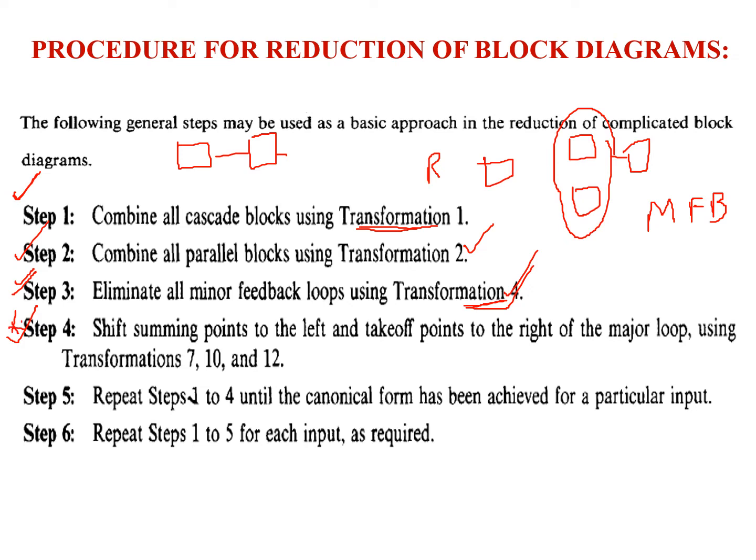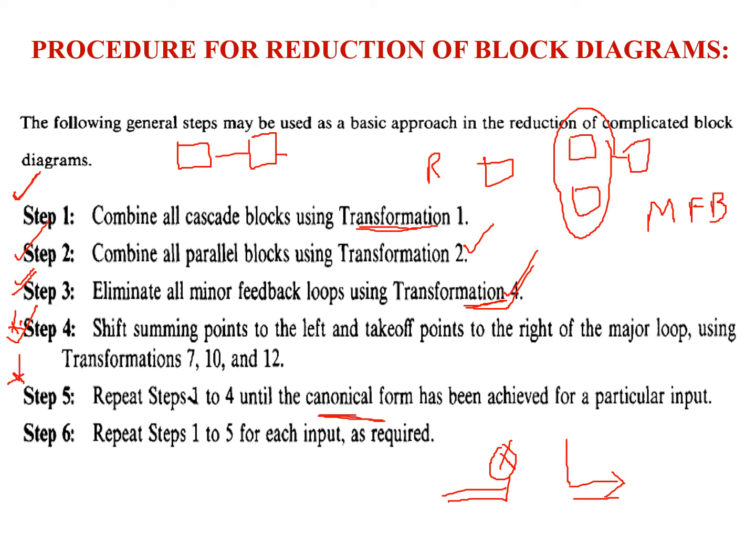In this step we are going to move the summing points towards the left and takeoff points towards the right of a given system. That's the fourth step. And in the fifth step we are going to repeat the above steps until we get the canonical form.